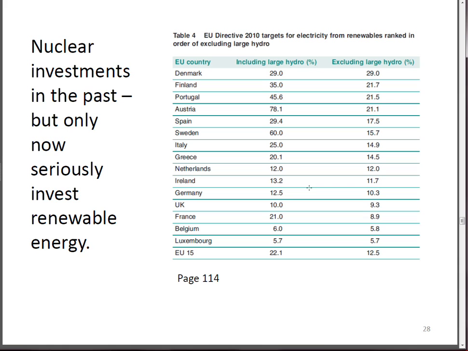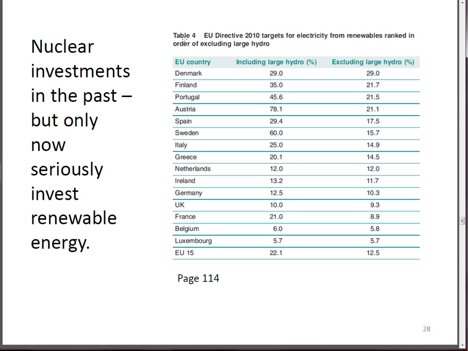Now, many countries made nuclear investments in the past, but we should admit that only now, in the last 10 years, are we seriously investing in renewable energies. So renewable energy is not new. I mean, it was developed decades ago, but only now we're starting to look at it very seriously. You can see here table 4 on the right, which is on page 140. That is the target for electricity from renewable product.